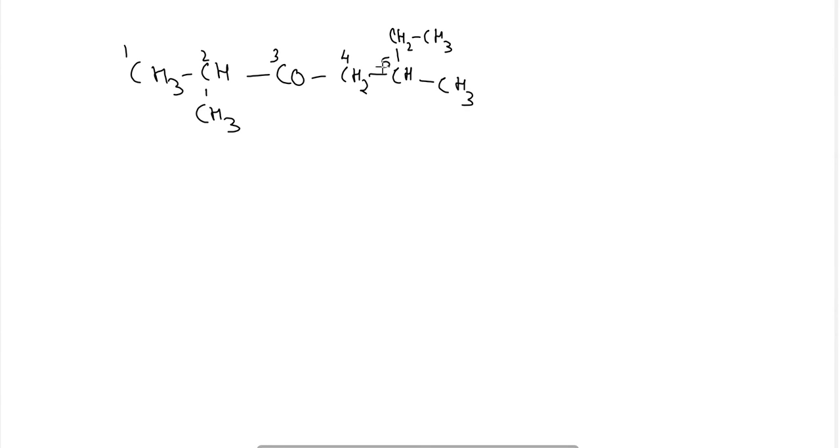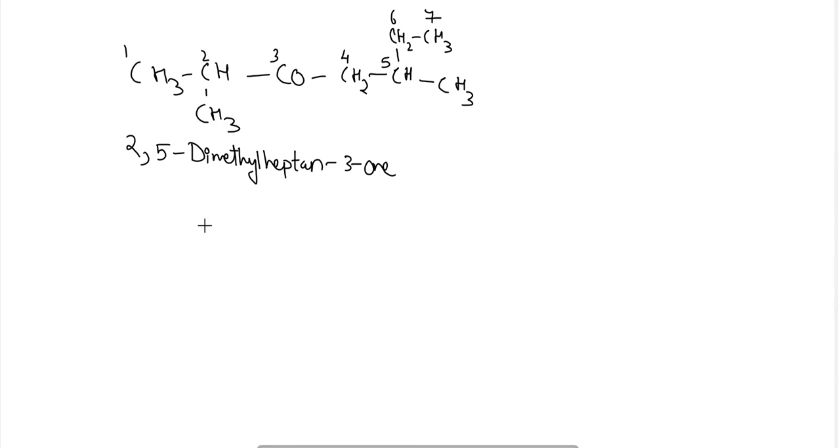From fifth, we will move here upside 6 and 7, because 7 carbon atoms are here. So the name of this compound will become 2, 5 dimethyl heptane 3 one. Heptane 3 one. Okay.